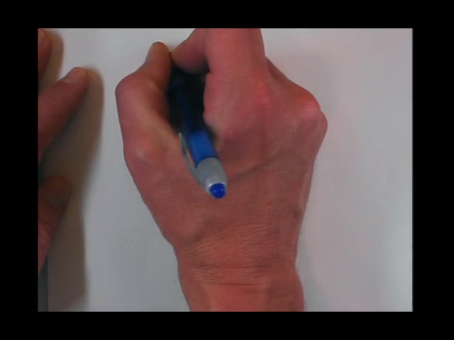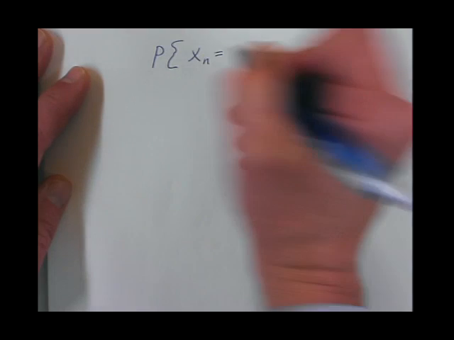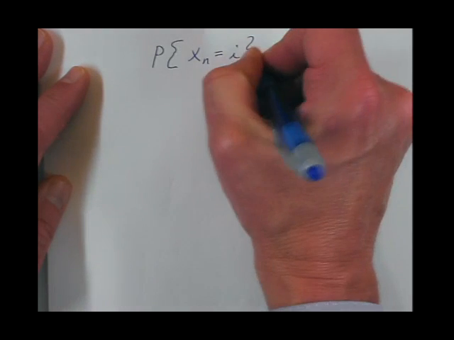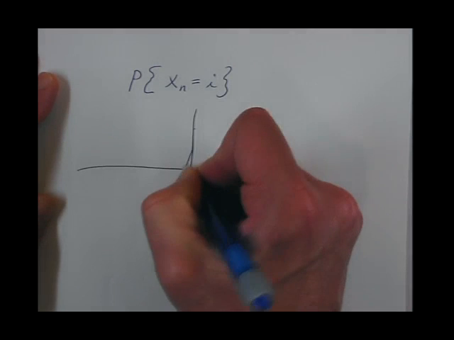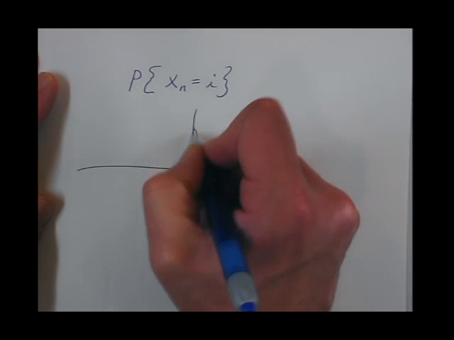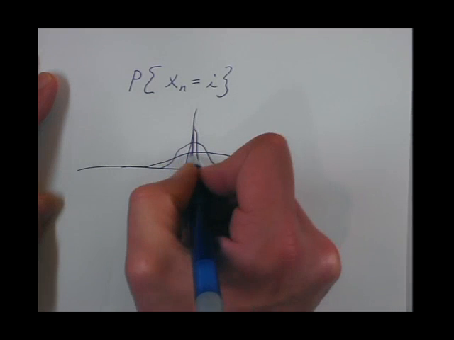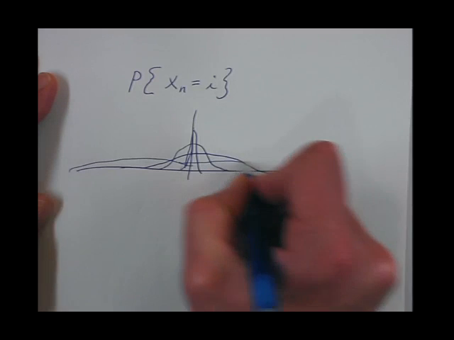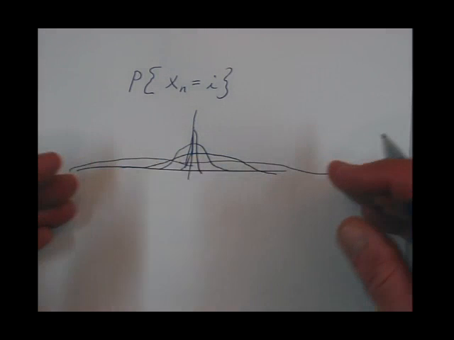So, anyway, the bottom line is this: the probability that Xn equals any particular state i is going to be decreasing as n gets larger, because the distribution starts off really peaked around 0, and then it starts distributing, and it dissipates out like a cloud.